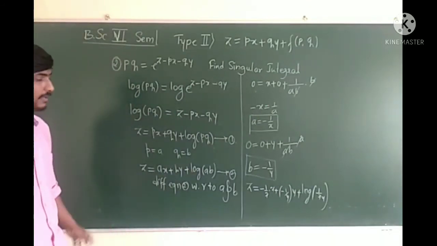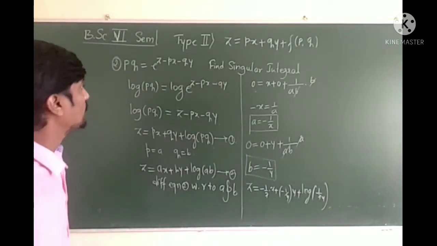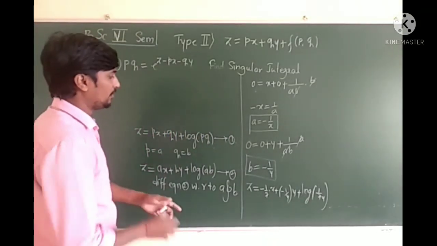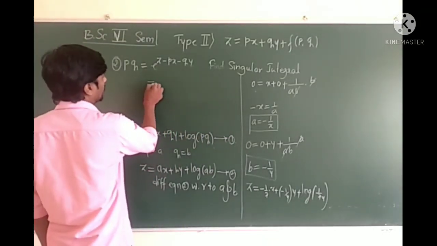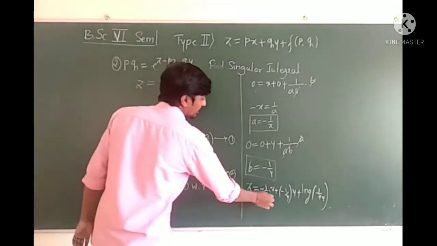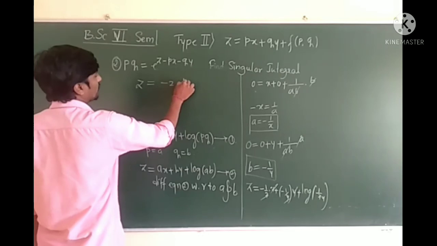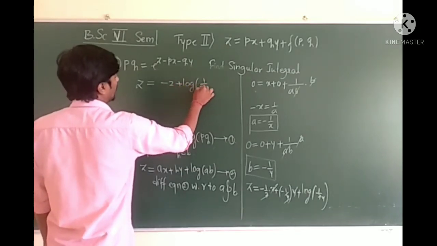Just simplify that value. x cancels, y cancels. So ultimately we have minus 2 plus log of 1 divided by xy.